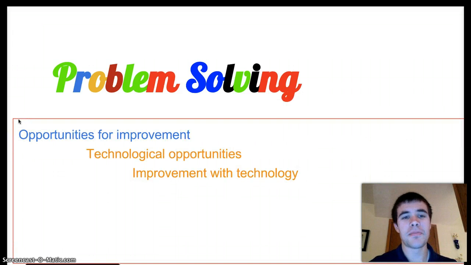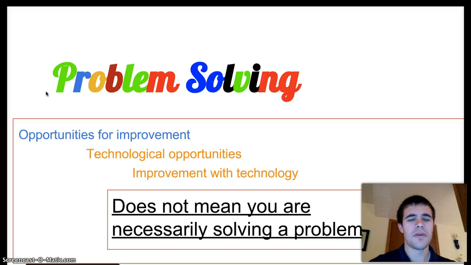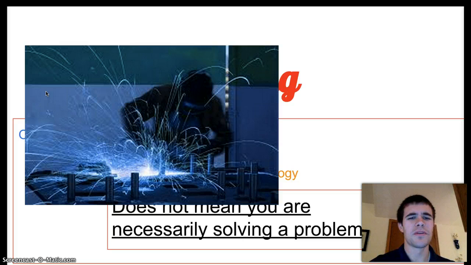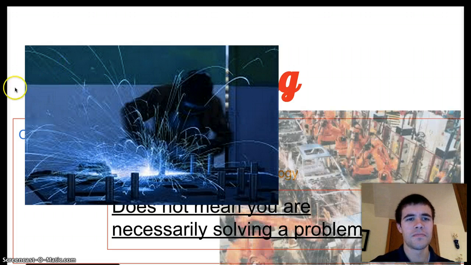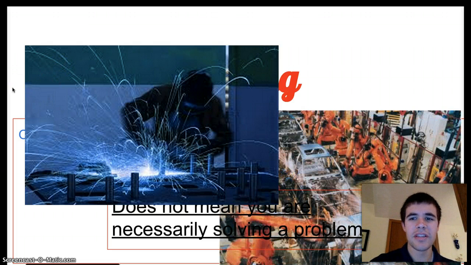And so then opportunities for improvement. There's technological opportunities. An improvement within technology, for an example, doesn't mean you're necessarily solving a problem. Let's look at this welder. And the machine he's using looks like a wire welder, which is very common. It's been around for a lot of years. Well, then let's look at these robots, these orange robots here in the corner.